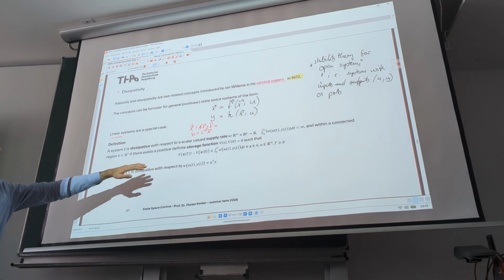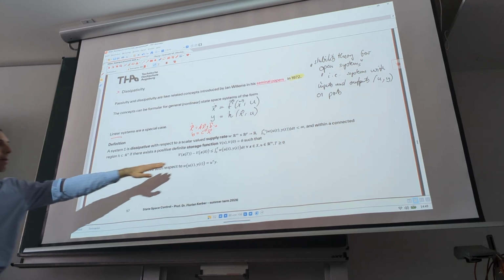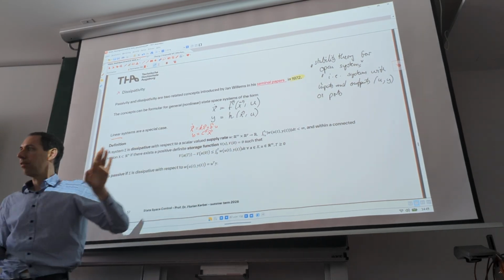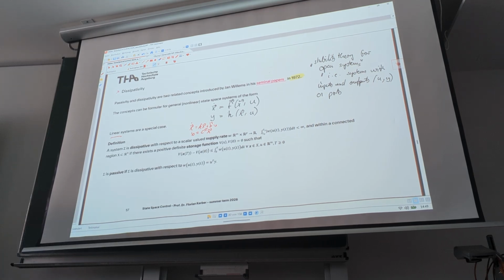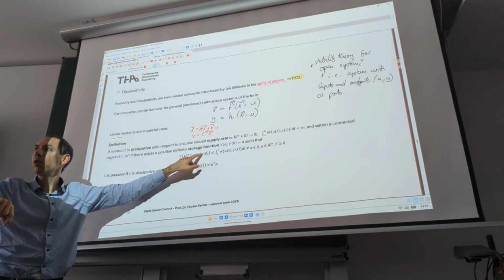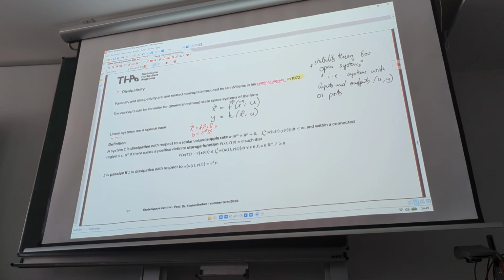And supply in this case, the supply rate, is a power supply, so W of u and y is a power. I integrate this over time, I get energy. This can be seen both as energy provision, so I put energy into the system, as well as energy extraction. Basically, we just look at what is the net of this integral, right? So I have positive power, negative power, I integrate over it, and this will at most be the storage state of any future time, on top of what I have now.